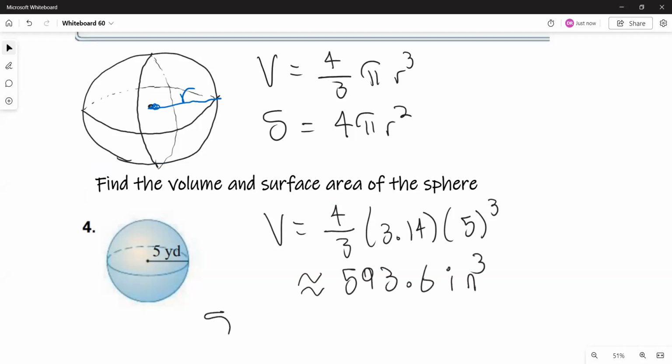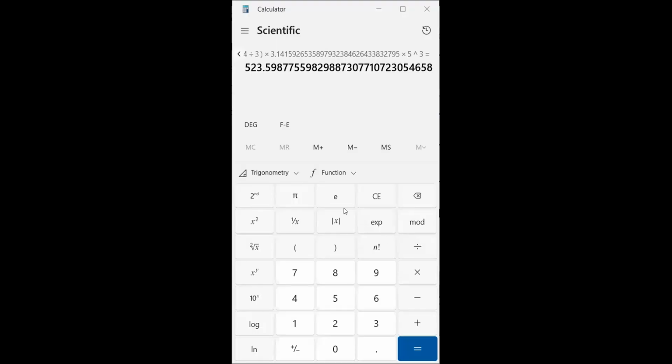And the surface area is 4 times pi times the square of the radius. Okay, so let's do that. This is 4 times pi times the square of the radius.